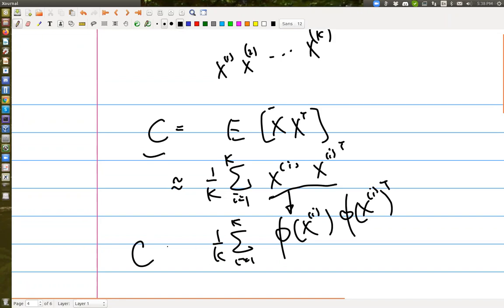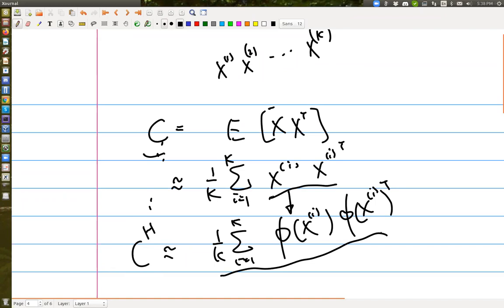Of course this covariance matrix will be in the high dimensional space, so it is not the same C. Maybe I put an H here to specify that this is a high dimensional space, so I want to consider this instead.